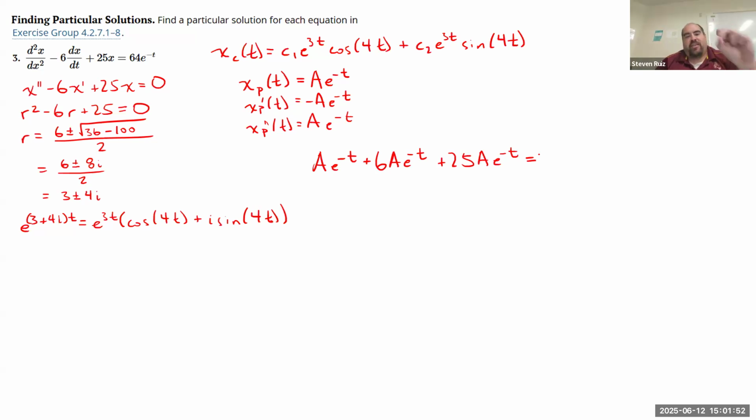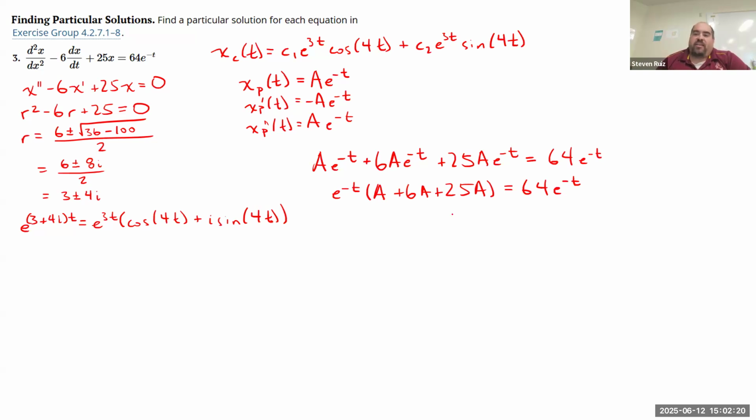So just a reminder, these three terms come directly from the differential equation I'm trying to solve. And I know the sum of these three things equals 64 e to the negative t. So I'm going to go ahead and factor out the e to the negative t. What remains is a plus 6a plus 25a equals 64.